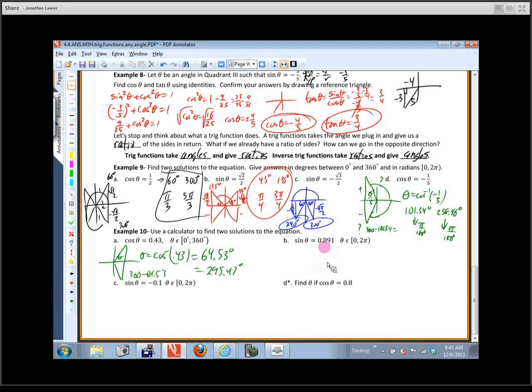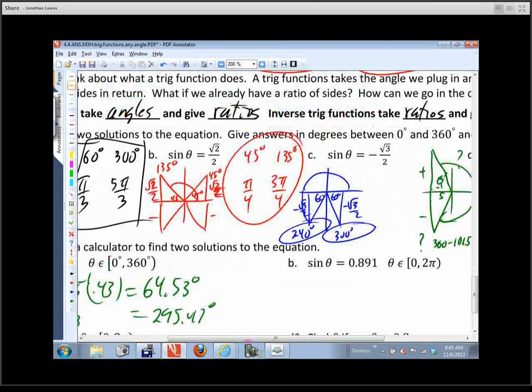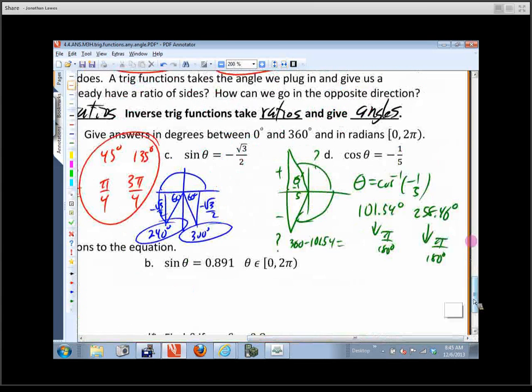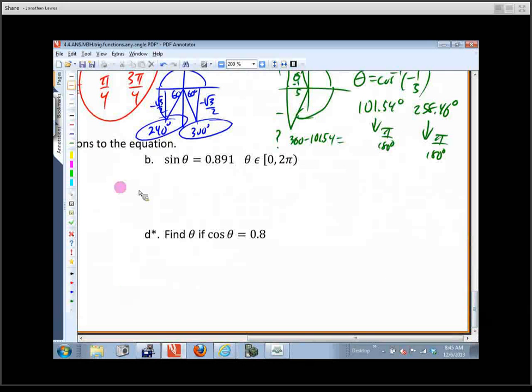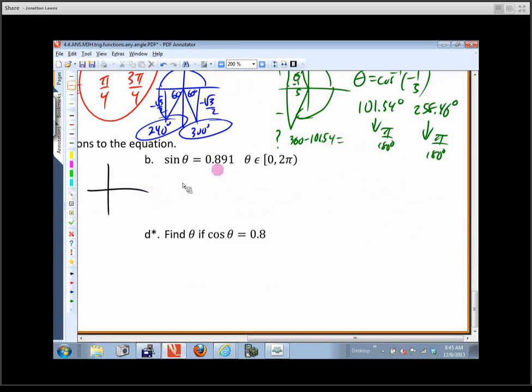Let's do this one right here. In which quadrants would we expect the sine coordinate or the sine ratio to be positive? 1 and 2, because they're both positive y's, because we were above the x-axis, the positive y coordinate there.